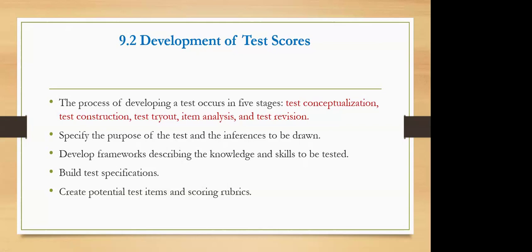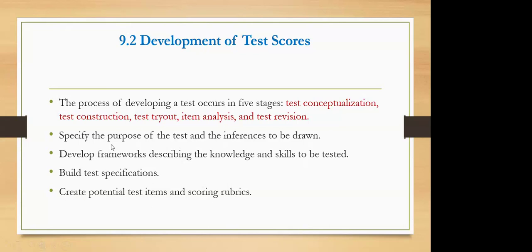And then if there is no validity there, then we have to omit such types of questions before going to the final paper. So that is test tryout. Then item analysis: after giving the sample to the children, we have to analyze it. Then test revision.